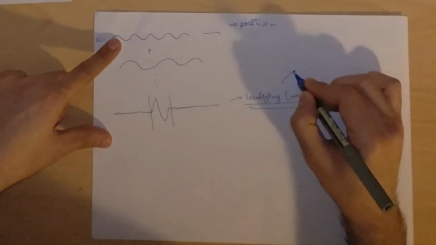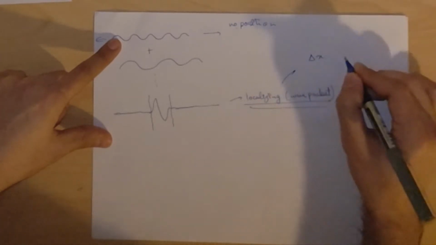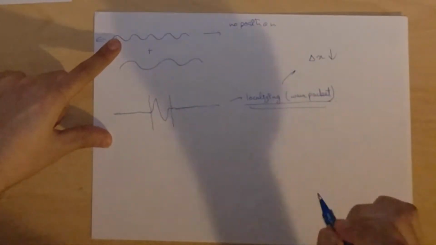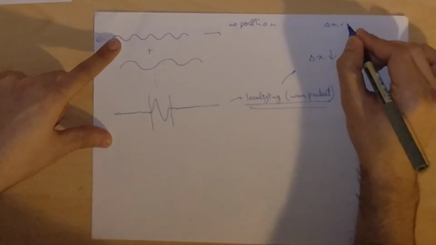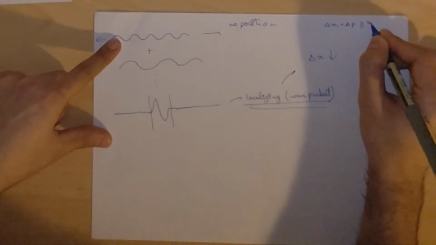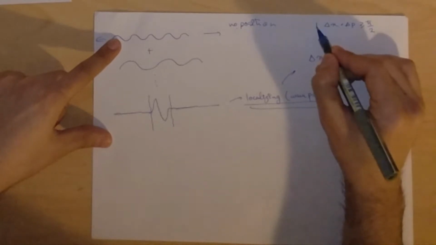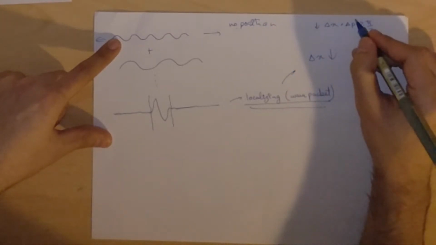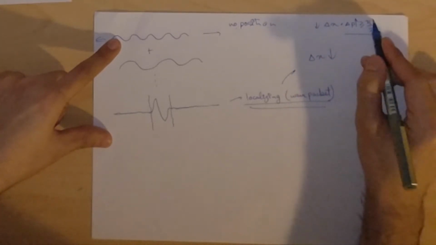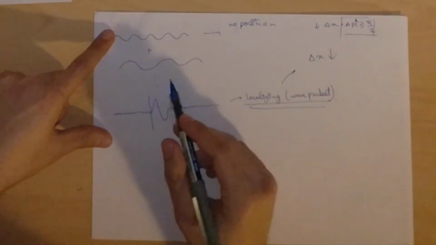So what you're essentially doing is you're reducing the uncertainty in x. I'm going to write this equation again. So if you're reducing this value, you would expect the uncertainty in momentum to go up according to this equation. And in fact, it does.